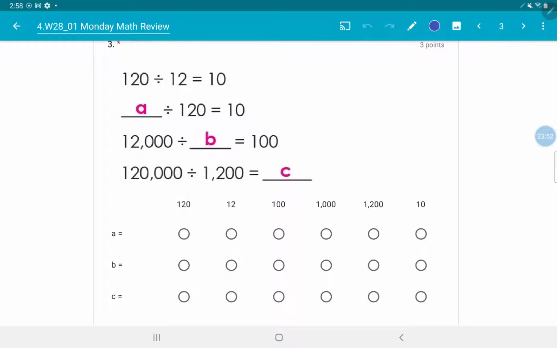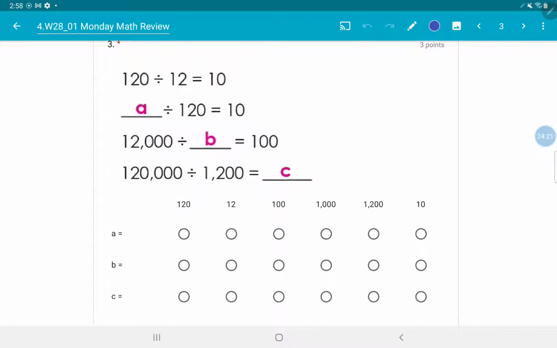Okay, so we have 120 divided by 12 equals 10. Then we have something divided by 120 equals 10. Now this is just me. This is the way my brain works. It's easier for me to see it as multiplication than it is division. So I'm just going to turn this division fact around into a multiplication sentence.